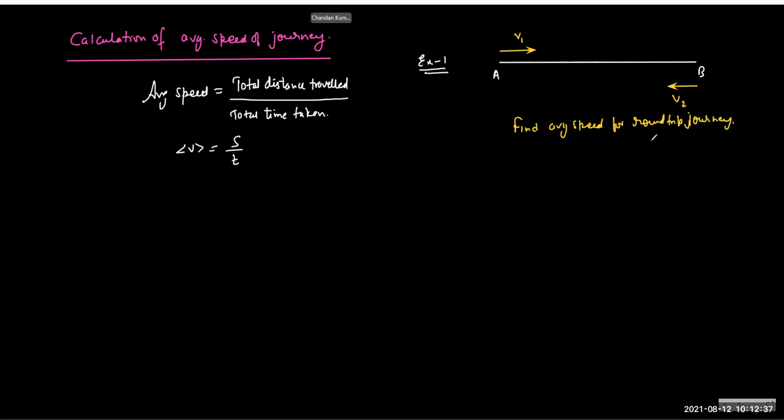So we have distance over time. The time from A to B will be T and B to A will be T, right? But how is it possible if you're driving with two different speeds, that you reach in the same time?